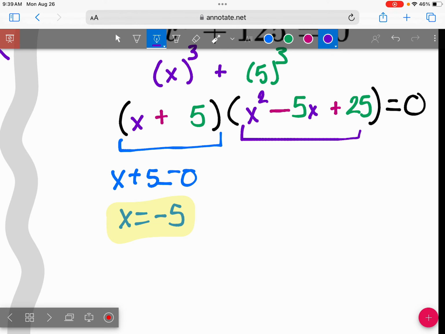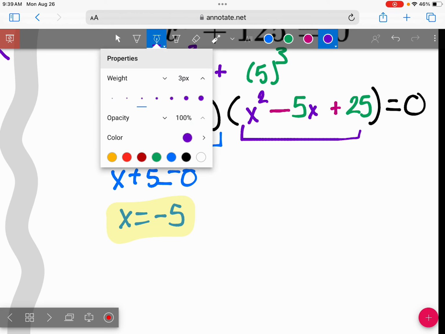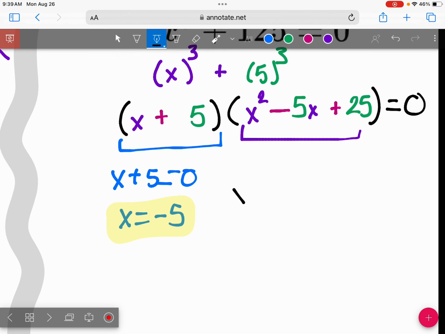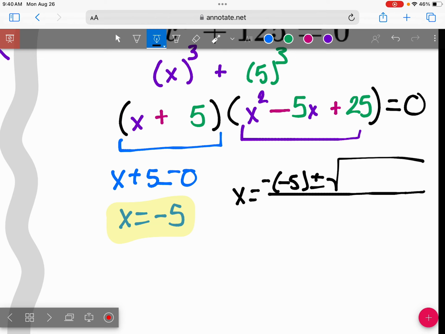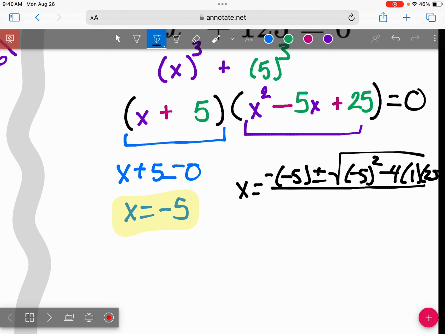It will not factor. So we're going to use the quadratic formula. We're going to have x equals the opposite of b plus or minus the square root of b squared minus 4 times a times c, over 2a, 2 times 1.